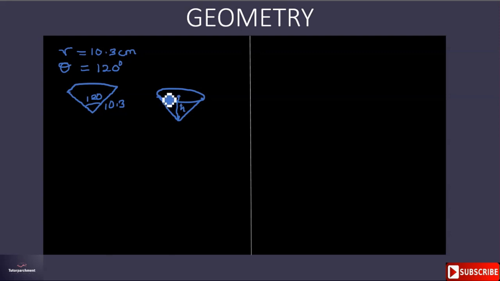This would be the radius of the cone. Before you can find the height of this cone, this is the slant height of the cone, L. The slant height of the cone is the same as the radius of the sector.